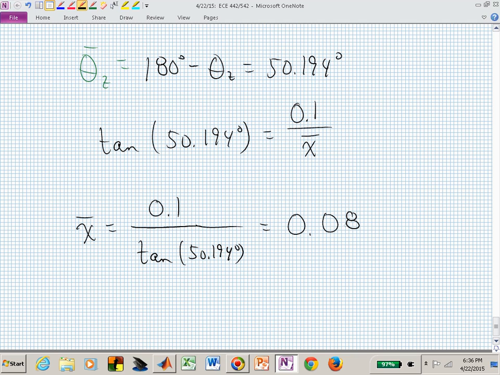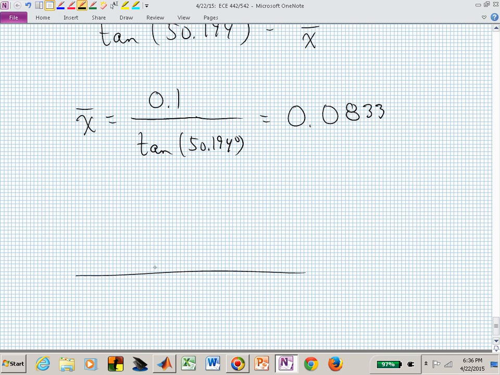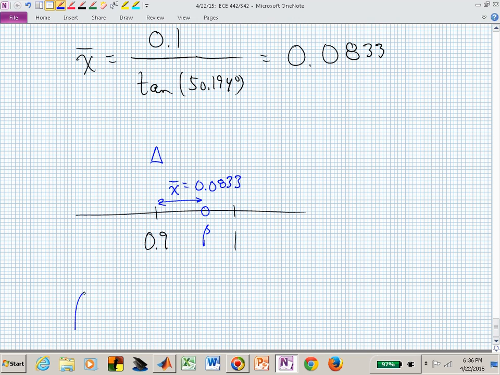That gives me 0.0833, so that now in this picture, here's 0.9, here's 1, here's my triangle, and now I know this x bar distance will give me my beta. So that now beta is 0.9 plus x bar, which is 0.9833.